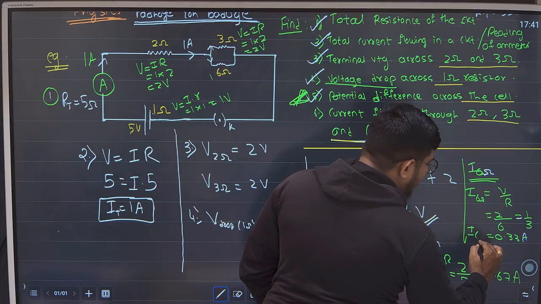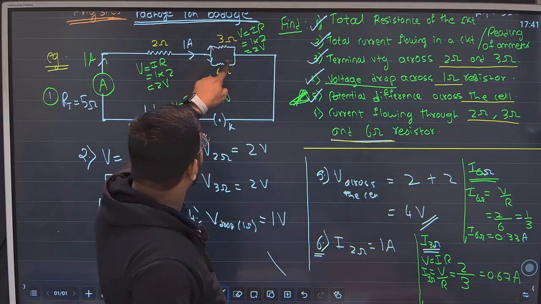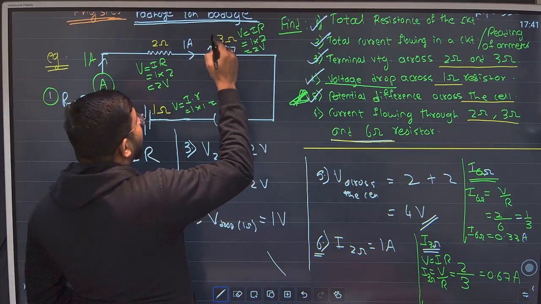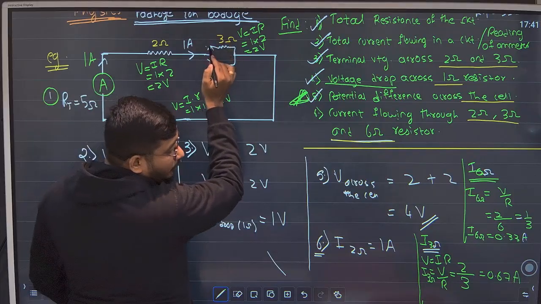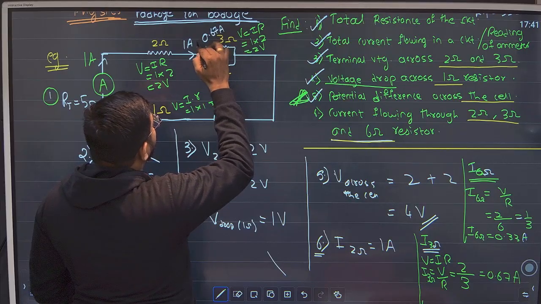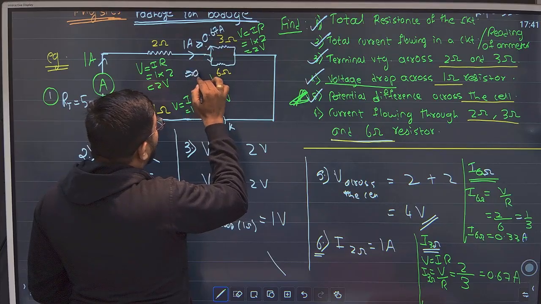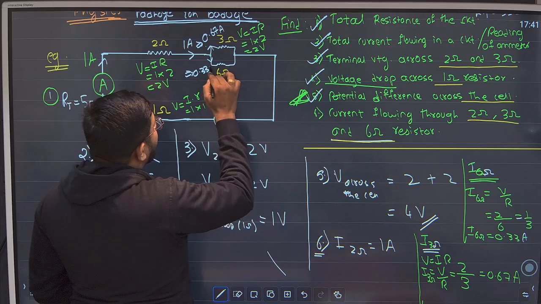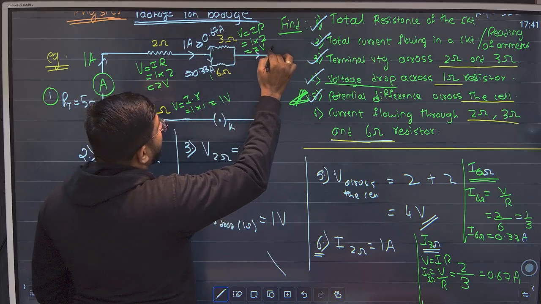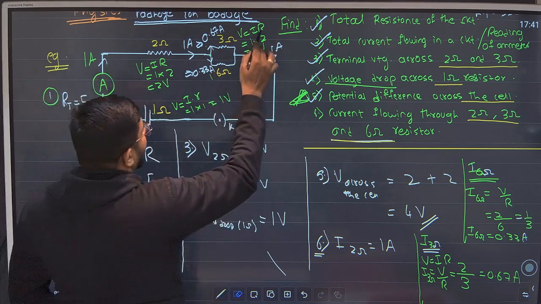Are you getting? Add both of them, you will get 1 ampere only. So you will see here the current in 3 ohm is 0.67 ampere, and here the current is 0.33 ampere. So add both of them, you will get 1 ampere.